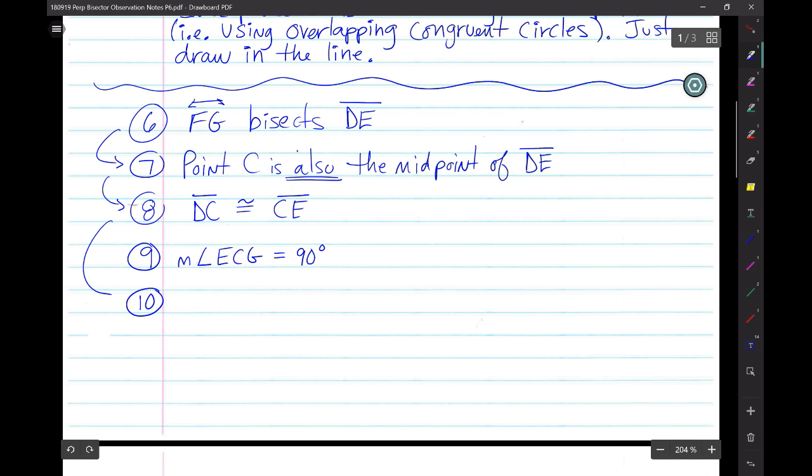And so from 8 and from 9, 10 flows, which is that line FG is the perpendicular bisector of segment DE.